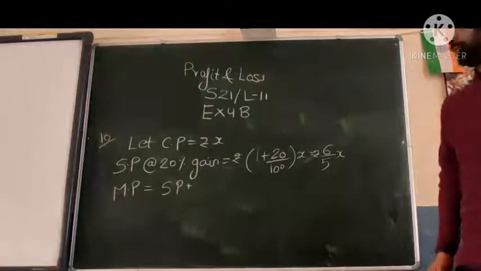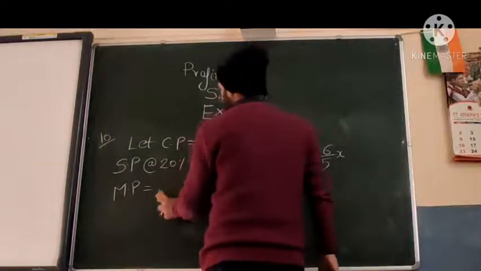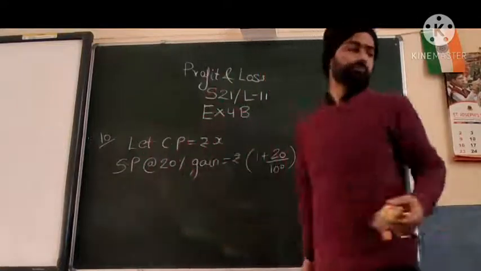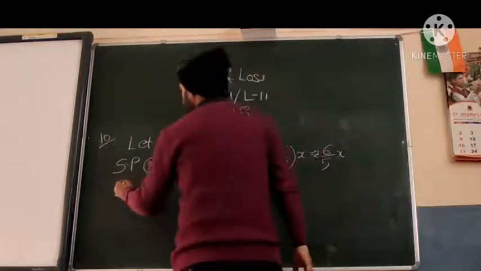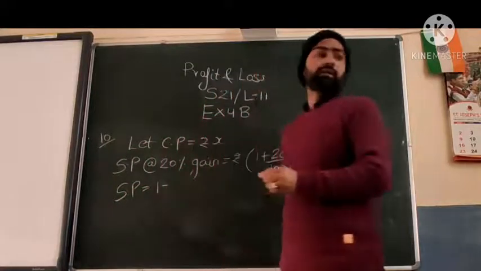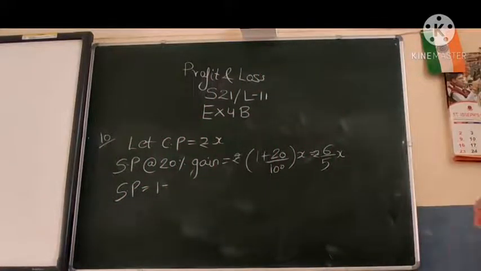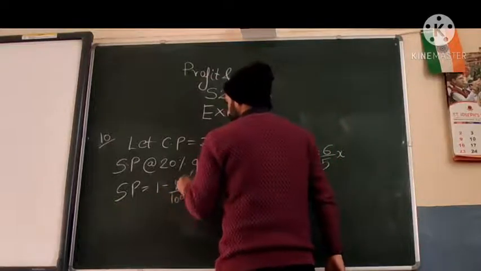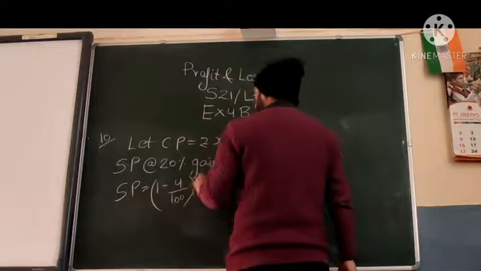We have a formula for that. SP is equal to 1 minus the discount. Discount is, sorry, 4%. So SP equals 1 minus 4 by 100 into MP.